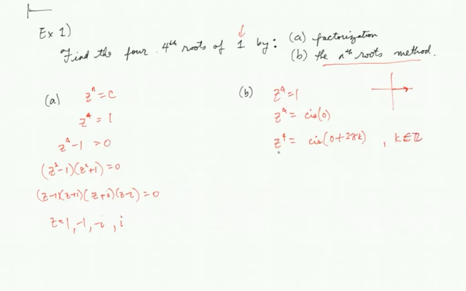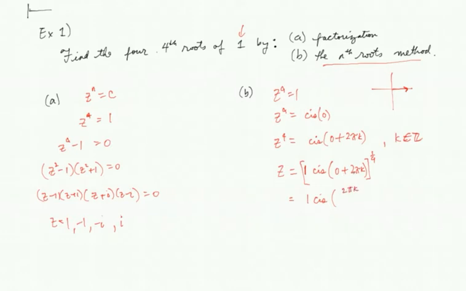Okay, and then we want to get z by itself, and so we take the fourth root of both sides, and this becomes 1, since the magnitude is 1, that just stays 1. And this whole thing becomes raised to the 1/4 power. Using de Moivre's theorem now, that becomes cis of 2 pi k.